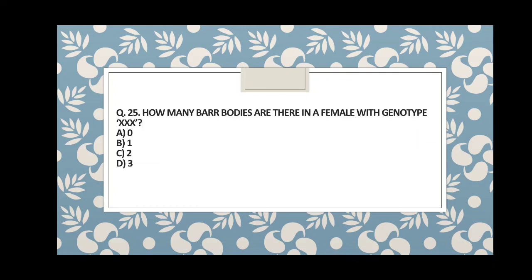How many bar bodies are there in a female with genotype XXX? XXX are always known as superwoman. The superwoman concept was given by Lyon's hypothesis. Lyon was the scientist who discovered this bar body and told that if there are 3 or 4 or 5, as many as possible X chromosomes present in the female, then only one is responsible for the femininity.